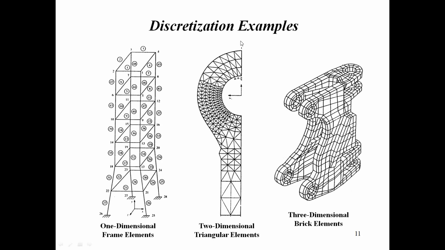But the second figure is a plate. It is just like a spanner. Okay, so for this structure we will use the triangular element, that is a 2D element. You can also use the quadrilateral element, but for an irregular shape the triangular element will be the best. And for a regular shape the quadrilateral element is best.